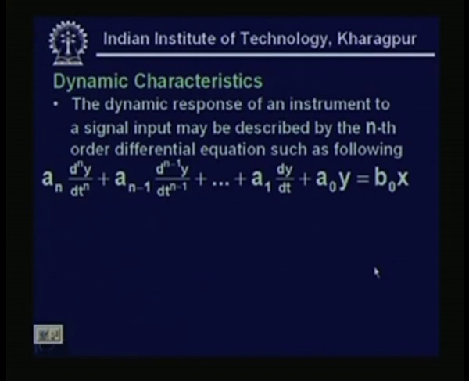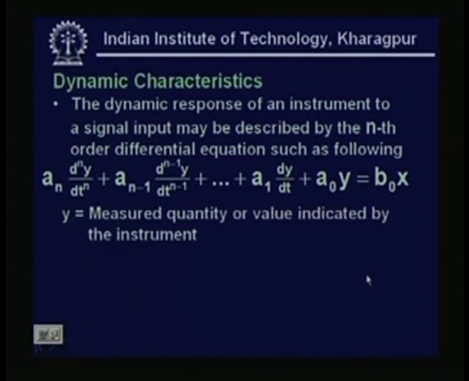It looks like the nth order derivative of y with respect to t, plus the (n minus 1)th derivative of y with respect to t, and so on until a1 multiplied by dy by dt, plus a naught y, equal to b naught x, where y is the measured quantity or value indicated by the instrument. x is the input quantity.